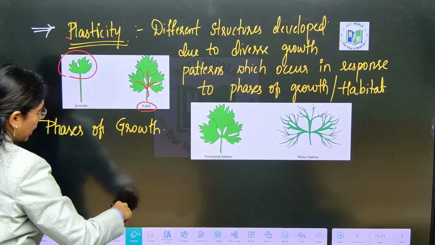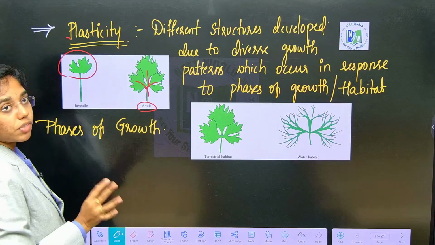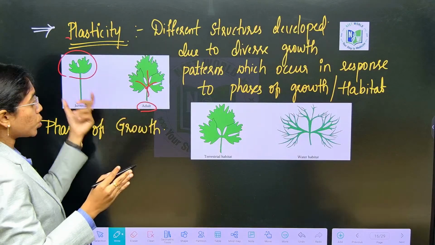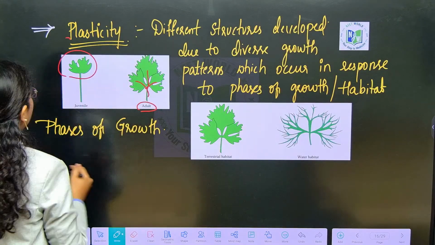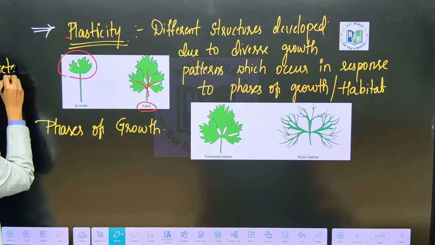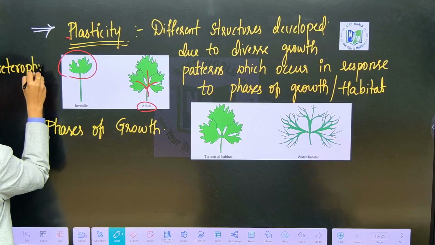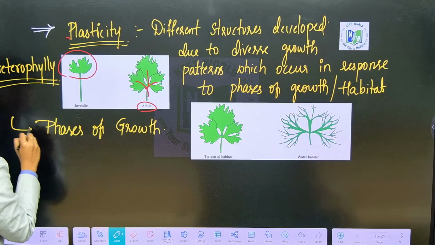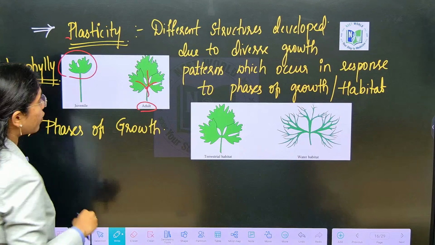Hetero, different; phily, leaf structures. Different leaf structures are observed in the same plant in two different phases, one in juvenile phase and one in adult phase. What is this, ma? Heterophily. It is the response to different phases of growth.